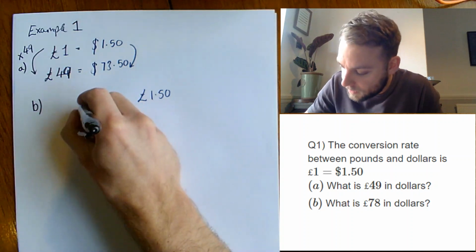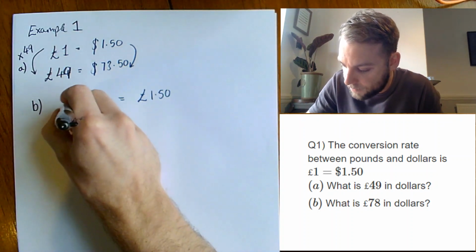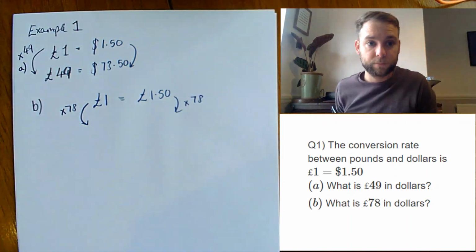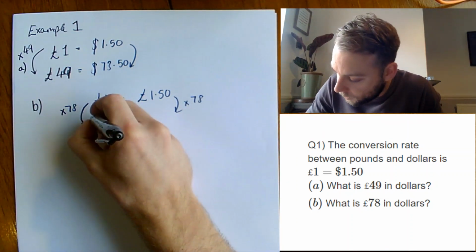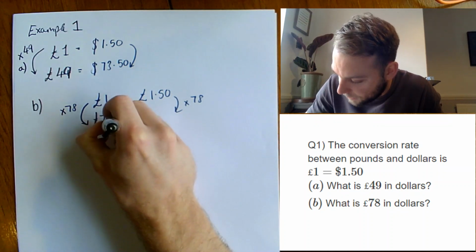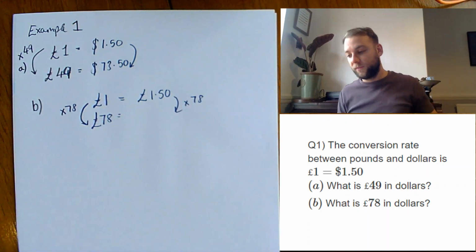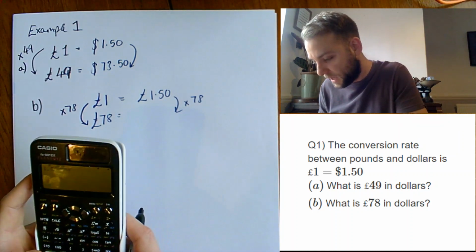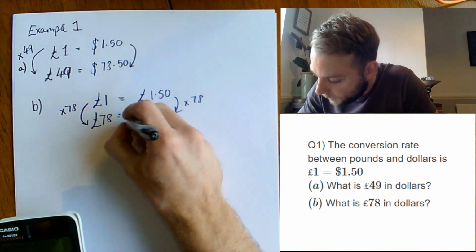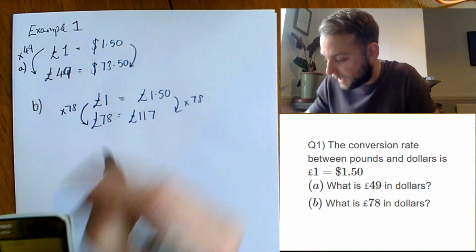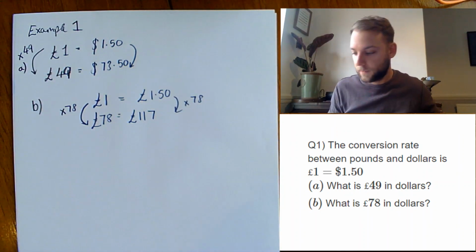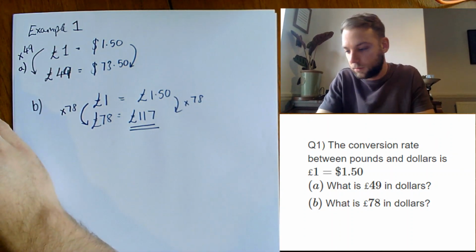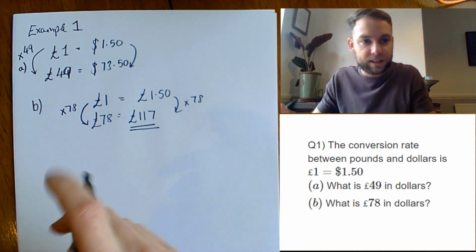So if I want £78, I'm going to be timesing by 78. £1 times by 78 is £78, and $1.50 times by 78 is equal to $117. And that's that question done as well. Part B done. Nice and easy. Not too difficult. Okay, so that's example 1.